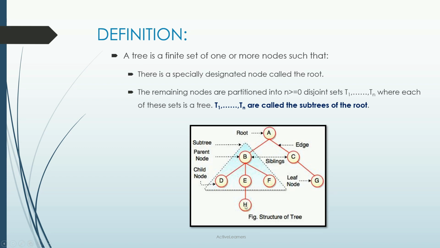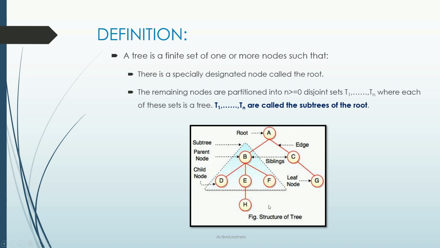If you consider this, for example, you can consider B as a root for D, E and F, and E has a branch H, and you can consider these as a separate tree. You may consider C and G as a separate tree, and you can consider E and H as a separate tree.